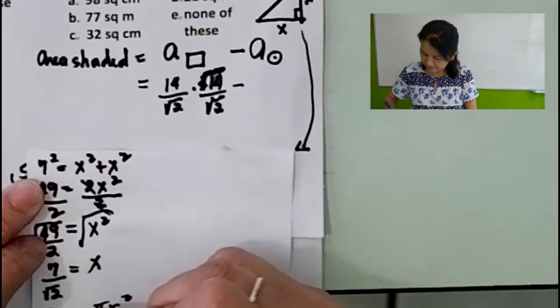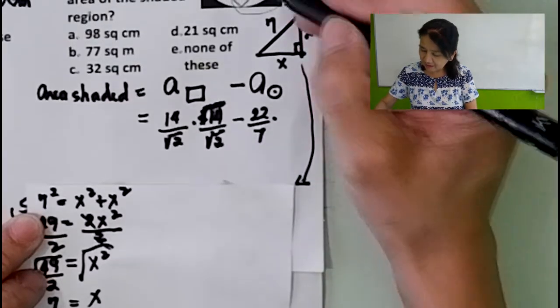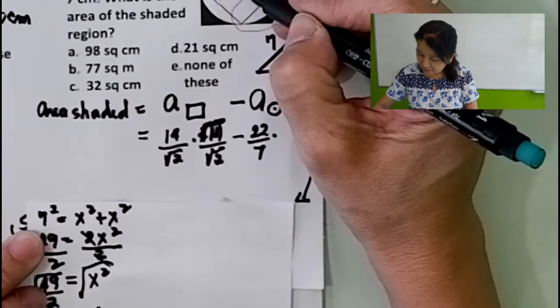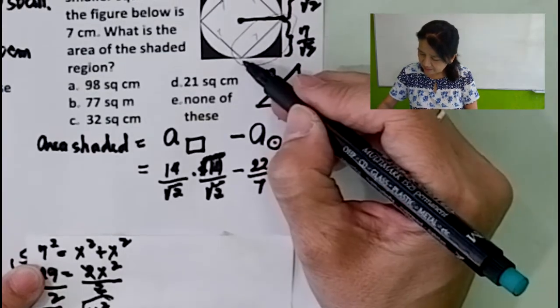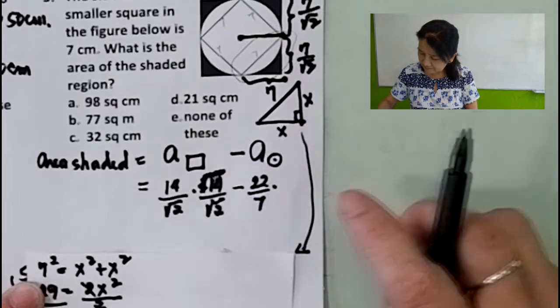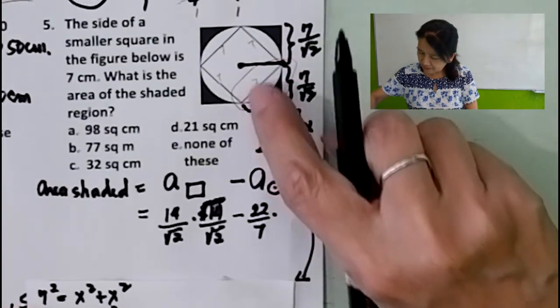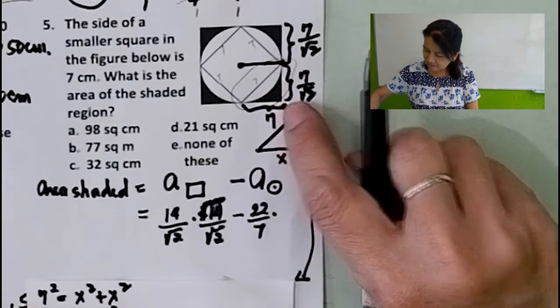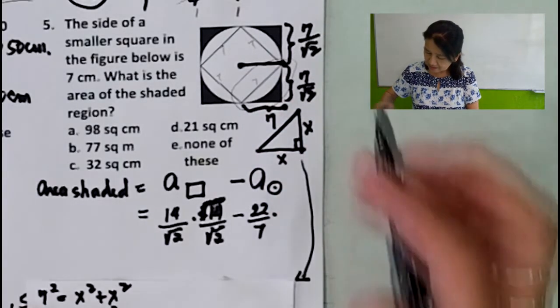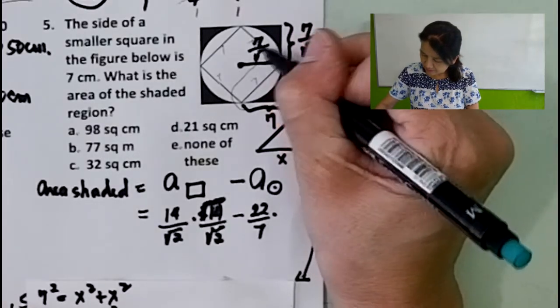So pi is 22 over 7. R, from here to here, that one, we said is x, which is 7 over square root of 2.